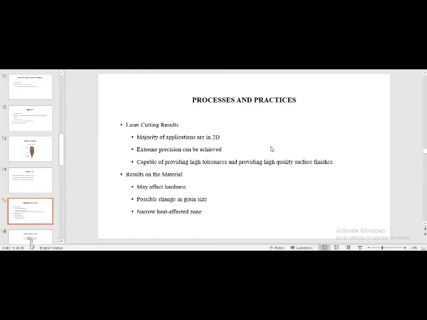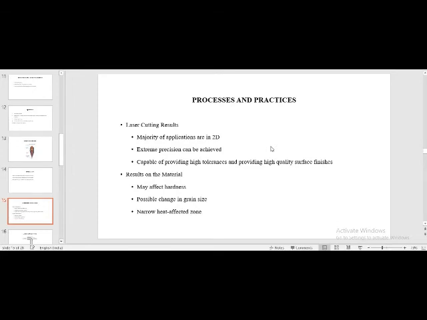Process and practice. Laser cutting results mostly in 2D applications, and extreme precision can be achieved by a laser cutting system, which is capable of providing tight tolerances and high quality surface finishes. The results may affect material hardness. Sometimes the laser produces a lot of heat, which can affect hardness and possibly change grain size.